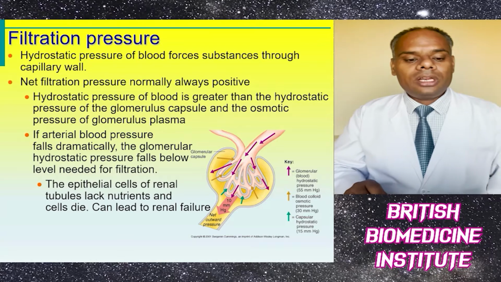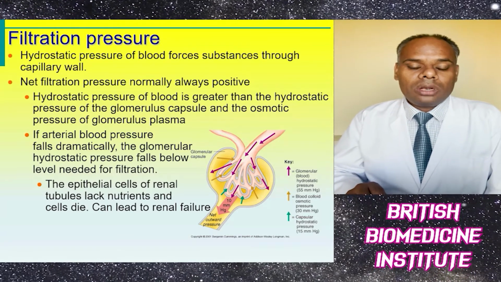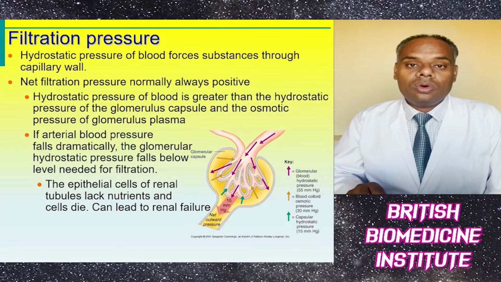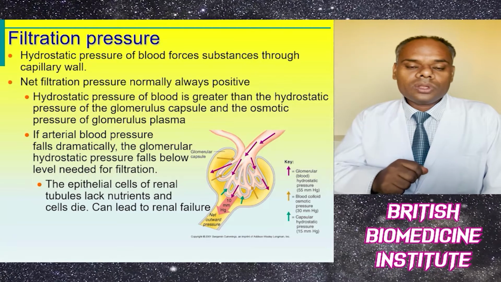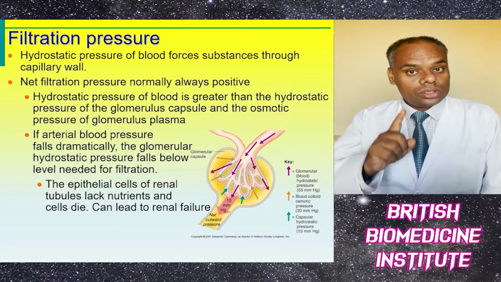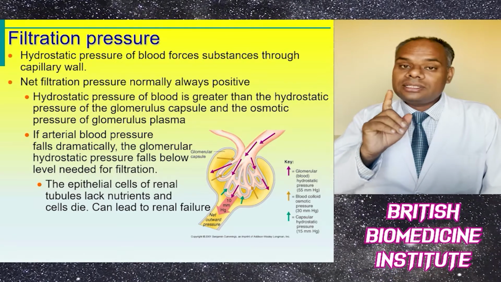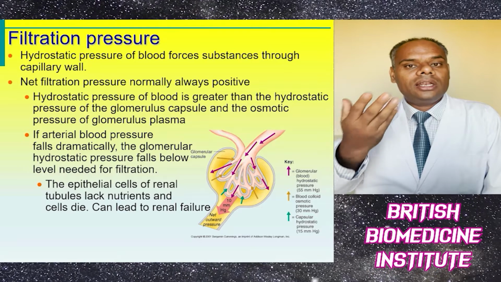If arterial pressure falls dramatically, the glomerular hydrostatic pressure falls below the level needed for filtration. The epithelial cells of the renal tubules lack nutrients and the cells can die. This can lead to renal failure.